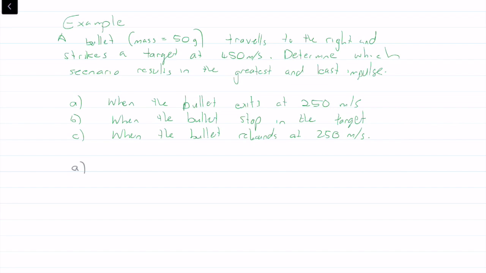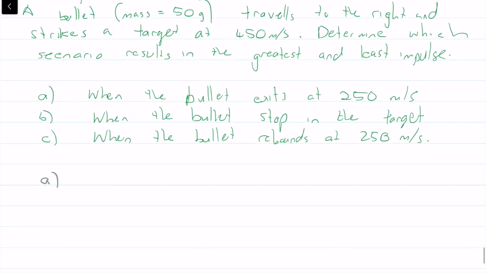The next situation is when the bullet stops. So we're expecting a larger force, and so a larger impulse. And when it's rebounded, we're expecting it to have the highest impulse because it's actually stopped the bullet and then given it sufficient energy that it's caused the bullet to travel in the opposite direction. So that's what I would expect, but let's just prove this mathematically.